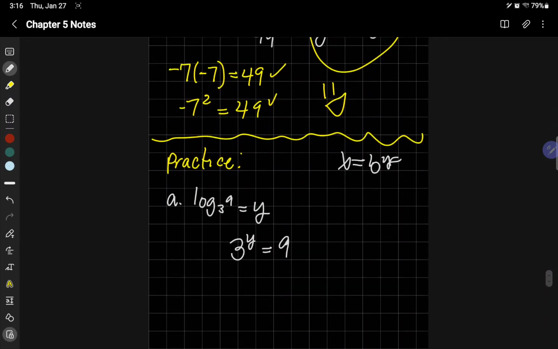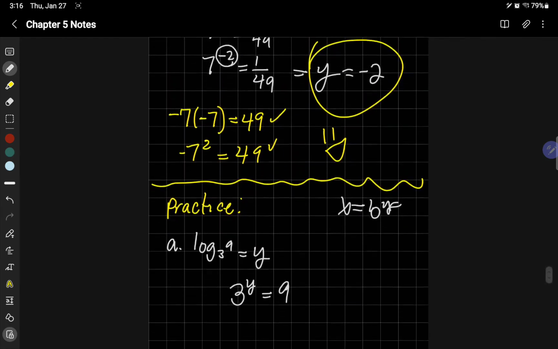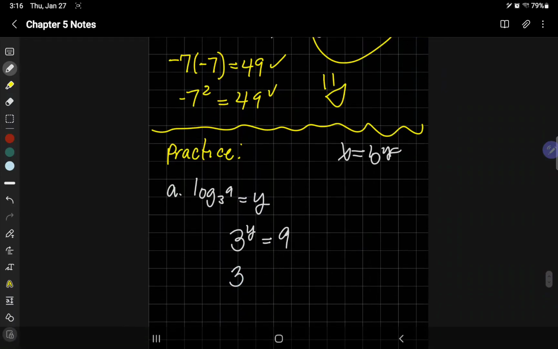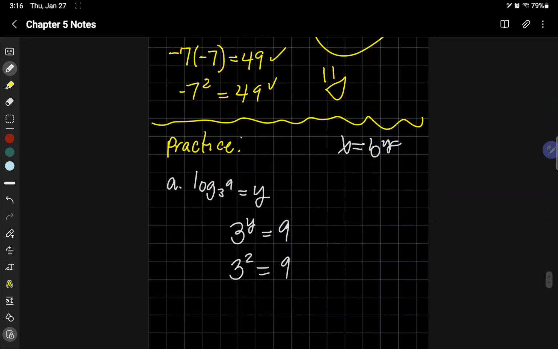So it's going to be... that's what it is.